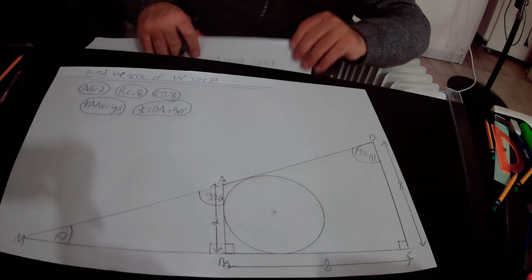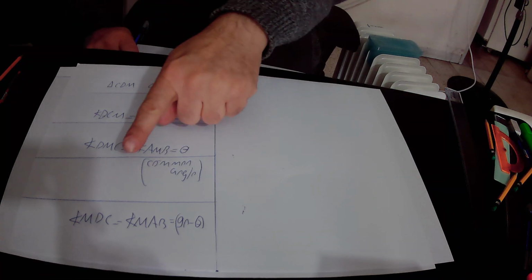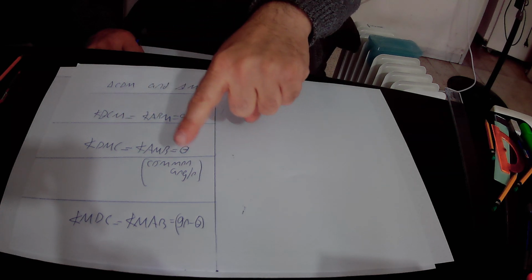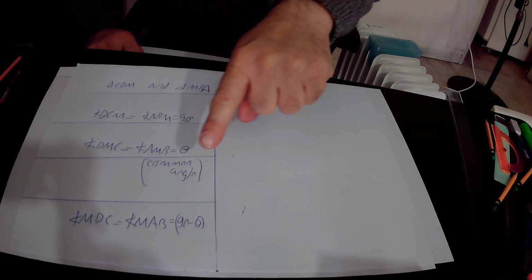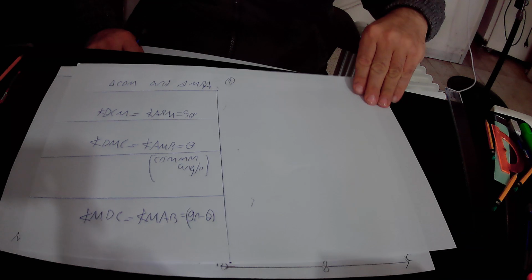Repeat again. Angle MDC in the big right triangle CDM equals angle MAB in the small right triangle MBA. They are both equal to 90 degrees minus theta, therefore they are equal to each other.